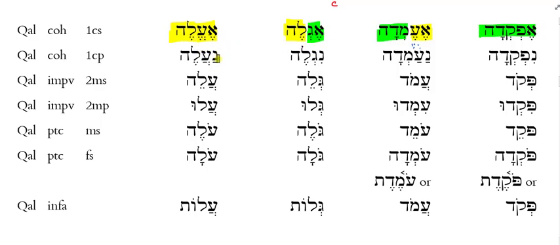Let me go up. I have the first common plural cohortative here. So nifkeda, let us appoint. Na'amda, this is weak on the front end, but normal on the back. Have A-class vowels where I normally get I-class due to the guttural. The verb gala becomes nigle.